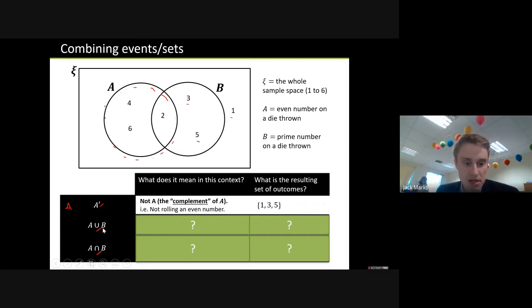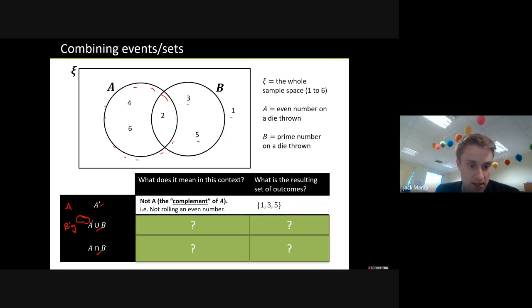A union B. When it's union, it means include more things. So anything in A, but also anything in B. This is quite a big region, like a figure of eight shape. Anything in A, anything in B, they can be in both, they can be in one of them.